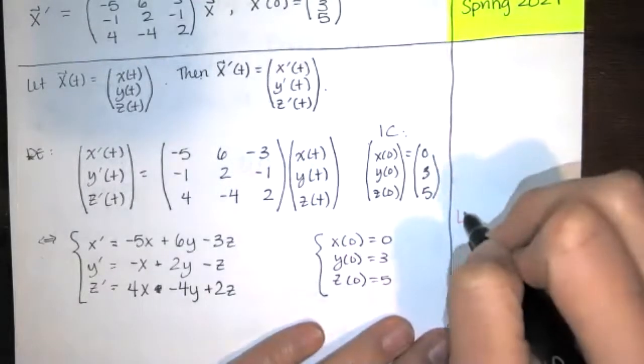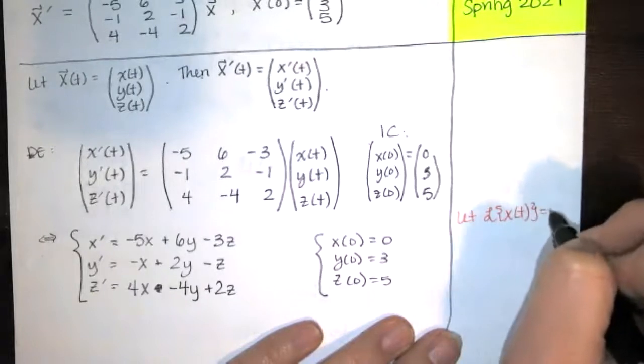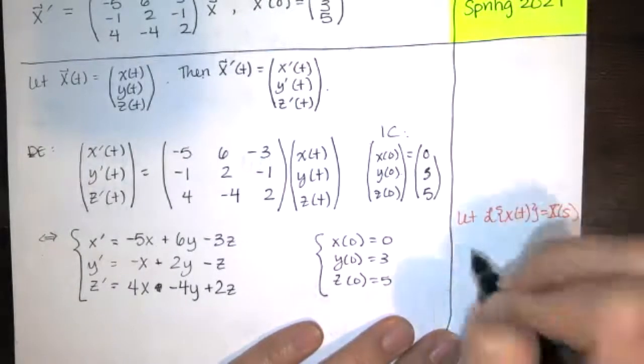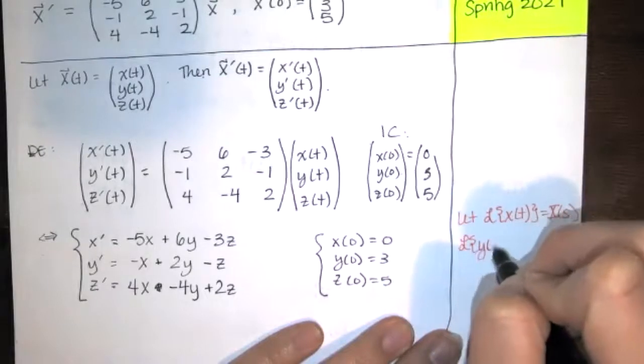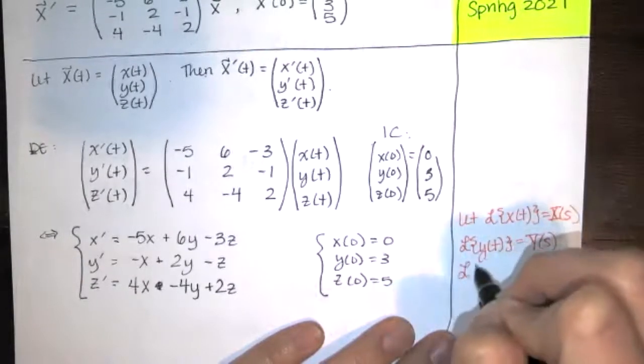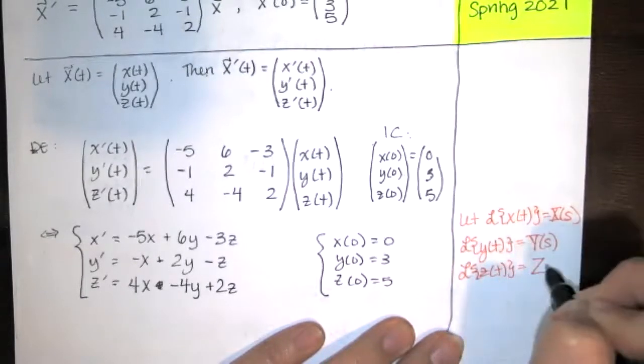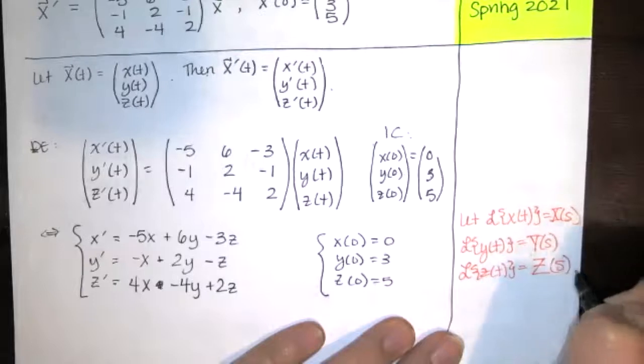We introduce our notation. Let the Laplace transform of x be capital X of s, and the Laplace transform of y of t be capital Y of s, and the Laplace transform of little z of t would be capital Z of s.